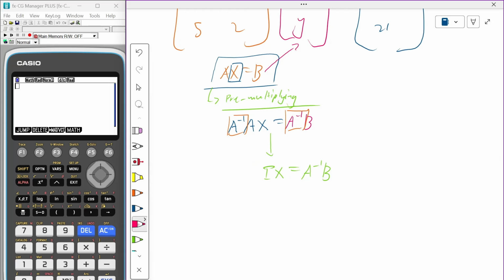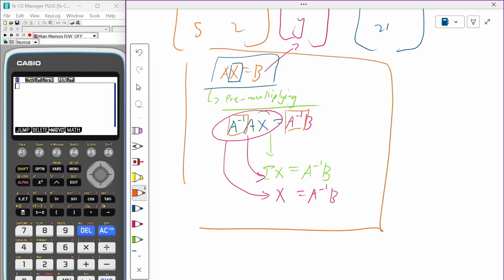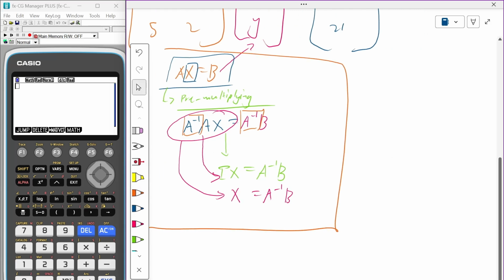So we can say x equals the inverse of matrix A multiplied by B, because the identity element multiplied by the matrix X doesn't change anything. That's why we did this multiplication, so we could get the identity element first and get this X here, and show all this important working out through our algebraic skills.